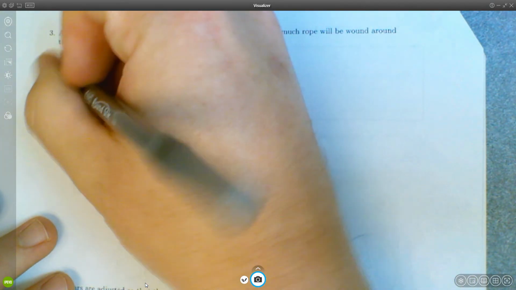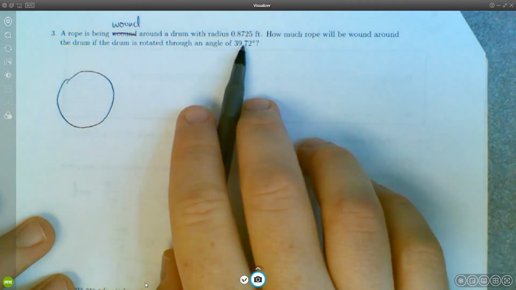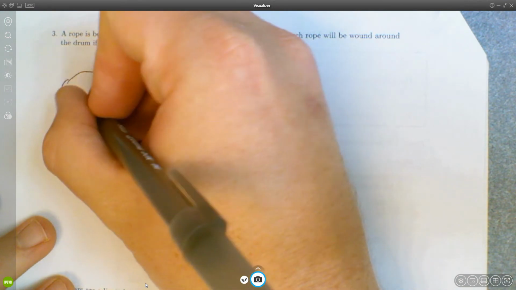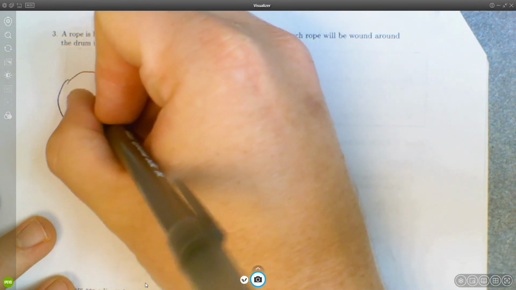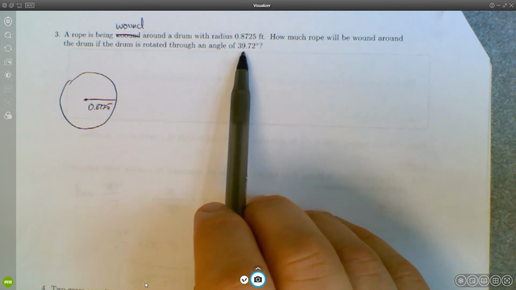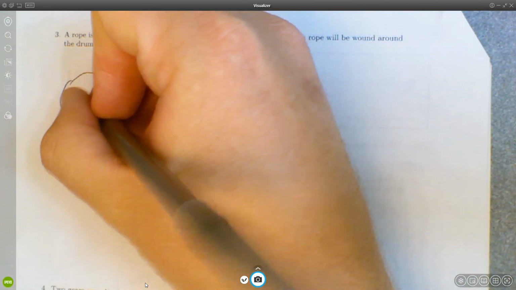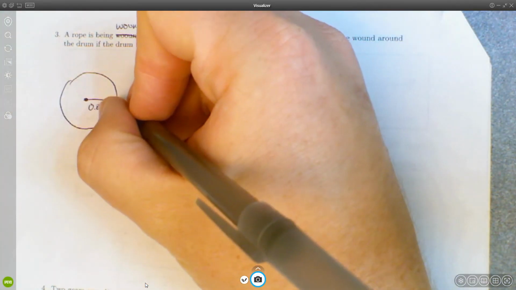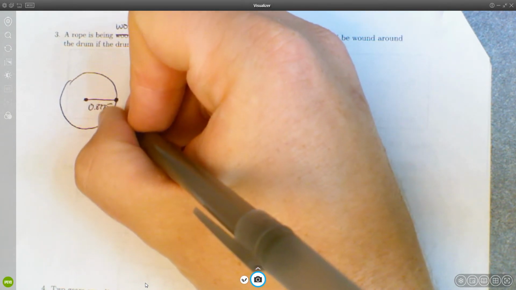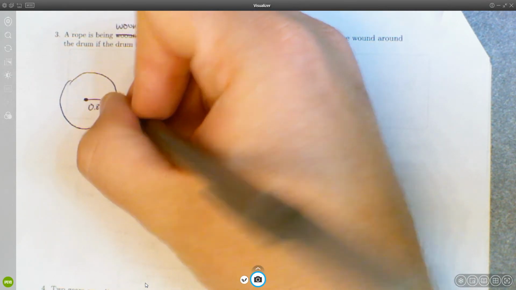Okay, so here's how I'm imagining this. The drum has a radius of 0.8725 feet. That's that radius right there. And it says it's going to rotate through an angle of 39.72 degrees. Let's say this is where the rope makes contact with the drum.